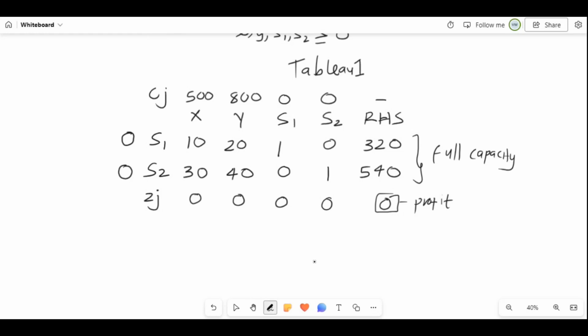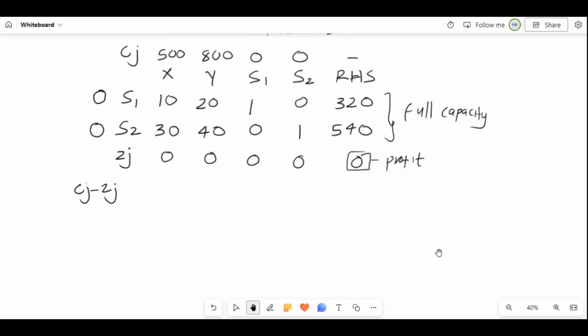So after introducing the ZJ row, we can introduce another row known as the CJ minus ZJ row. This is the row that we use to test for optimality. If you want to know whether the solution is optimal for a maximization problem, we check whether all the values of the CJ minus ZJ are less than or equal to 0.